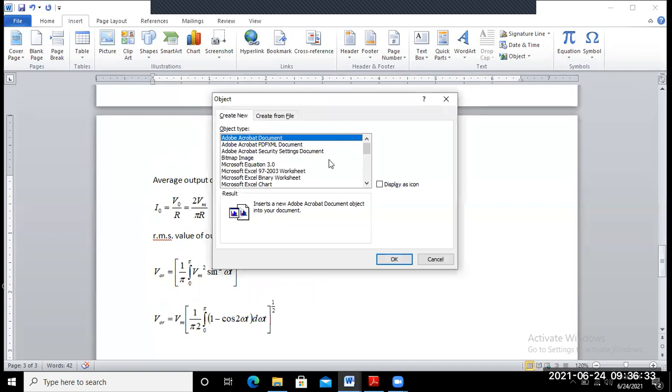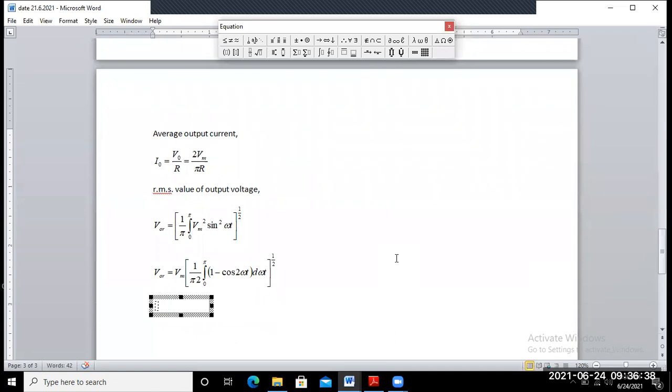That is, V output RMS is equal to V maximum by root 2.